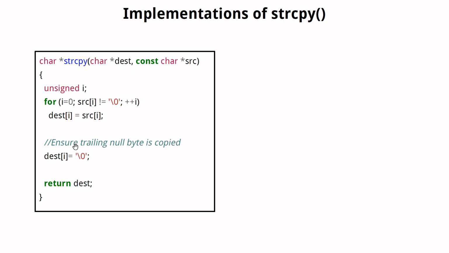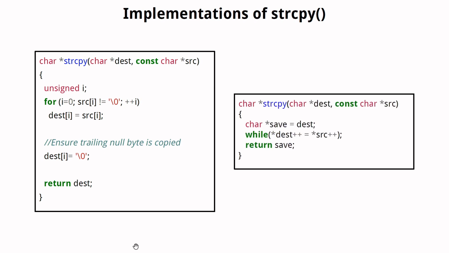Then after that, it will add a 0 at the end of the new string, because in C, the end of a string is just a 0. So this is basically string copy. Of course, some people prefer to write it this way, much shorter, only 3 lines of C code, but it's the same thing.